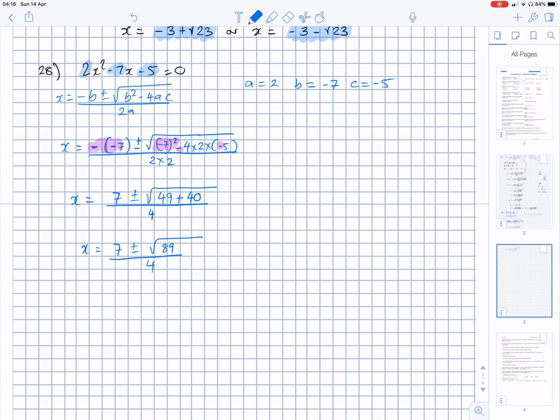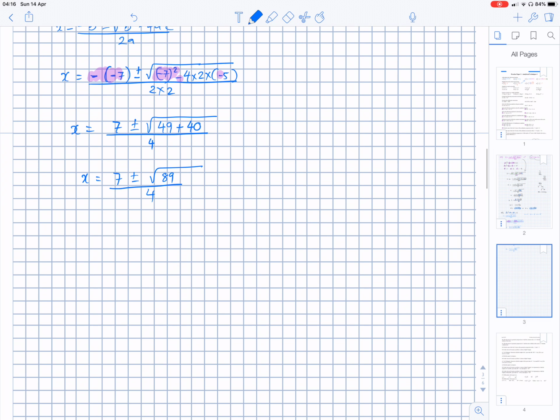So square root of 89 is just square root of 89. If you try dividing, you can't get it to simplify. So the answer is x equals 7 over 4 plus or minus square root of 89 over 4.